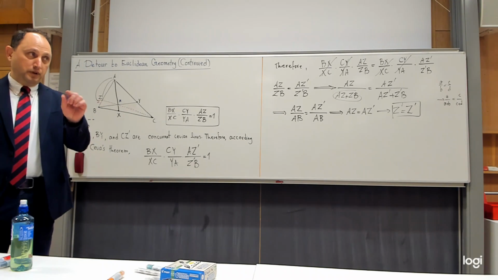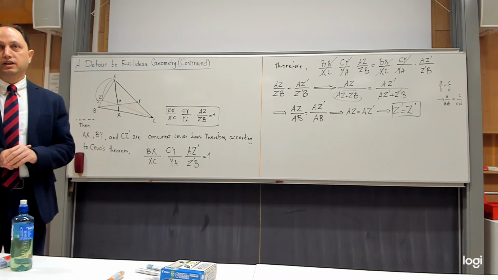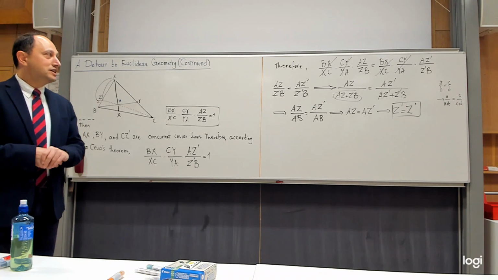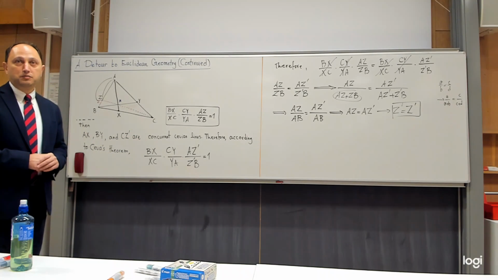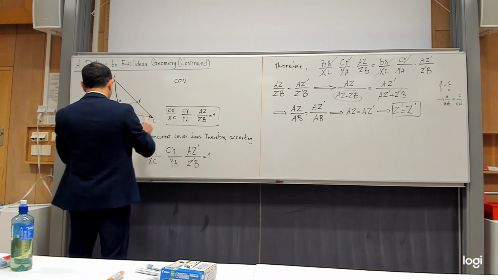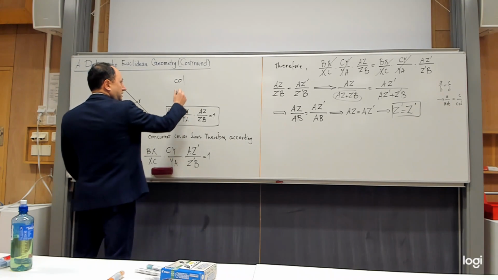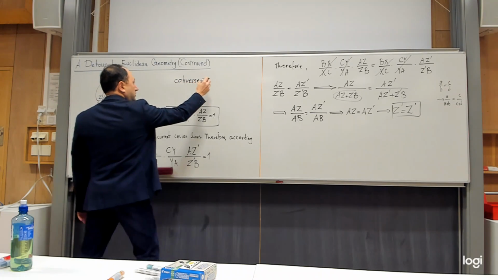Of course, perpendicular bisectors are also concurrent, but they are not Cevian lines because they are not passing through the vertex. Okay? But the question is, can I use the converse of Ceva's theorem? By the way, be careful, the word that I'm using is terminology: converse. You don't use the word inverse or reverse, even though they are natural. So the mathematical term is the converse theorem.